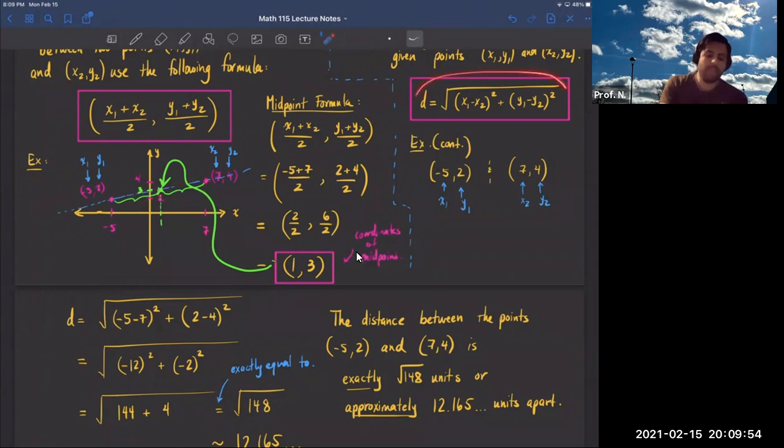So, without divulging too much of the minor details, the distance formula essentially is the Pythagorean theorem. It's exactly the Pythagorean theorem. But if you want to know more where that came from, you can ask me in my office hours or any other time through email.